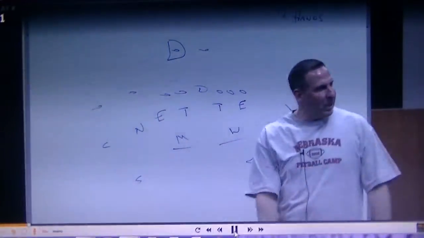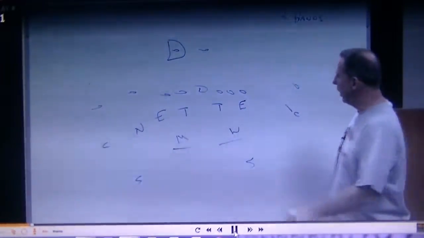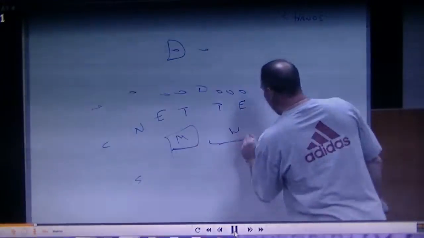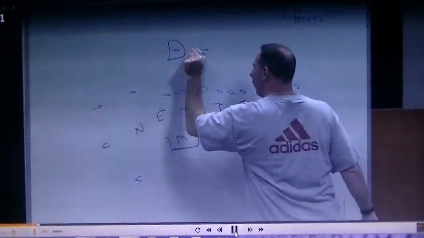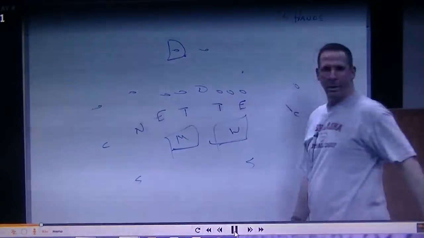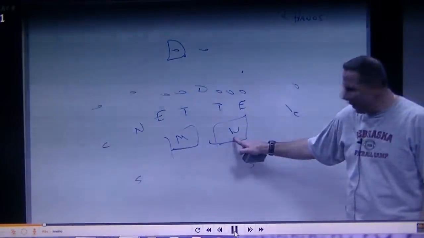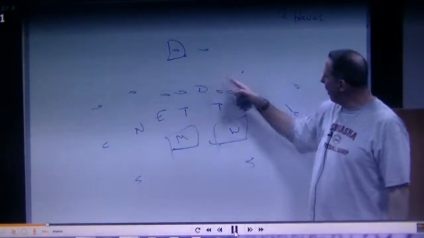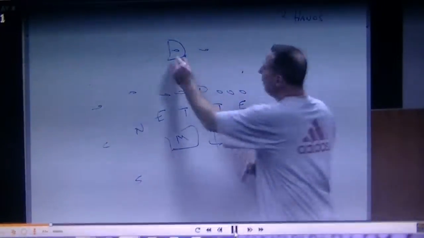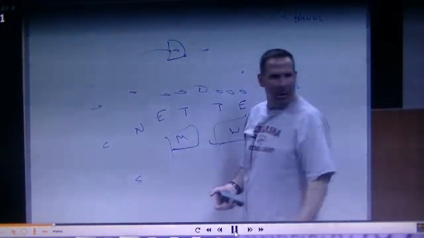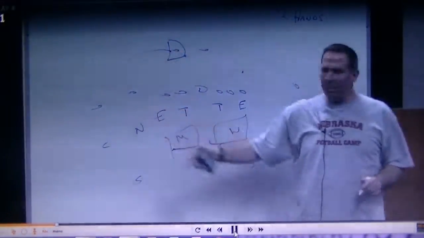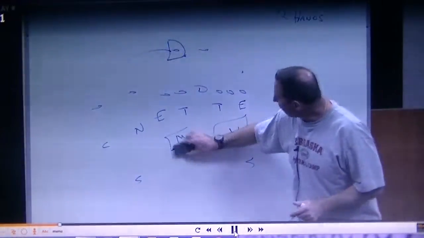What's my secondary key? Tight end. So whether I'm there or I'm there, I'm going from there to there. Especially if I'm this guy. The only time I'm not going to do that is if he doesn't step in. If he goes there, I'm going to transition my eyes. So Mike is a Mike linebacker.